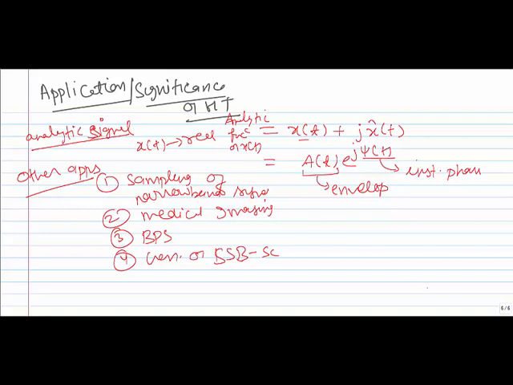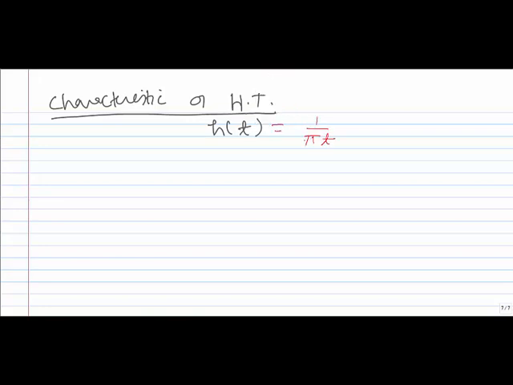Now let us see the characteristics of the Hilbert transform. That is, we will see what the characteristics of h of t are. Since we know h of t is 1 upon pi t, this is a linear operator. Also, we can easily observe that it is non-causal, right? Because it depends on the past value also.